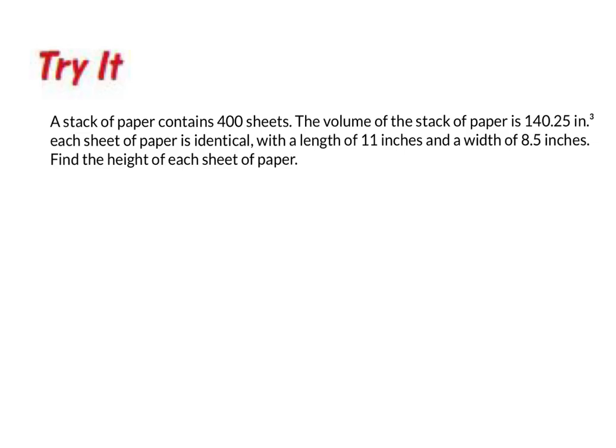All right, so here's how we'll get started. We know that the volume is 140.25. And we know that to find volume, you multiply length times width times height. The length is 11. The width is 8.5. And we do not know the height.